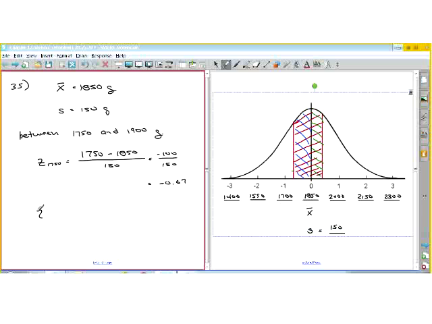And then the z-score associated with 1900 is 1900 minus the mean, divided by the standard deviation. It's positive 50 over 150, which is equal to positive 0.33. We round down, 0.333333 is just 0.33.